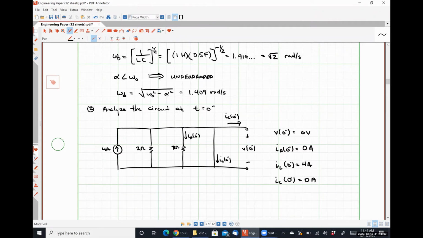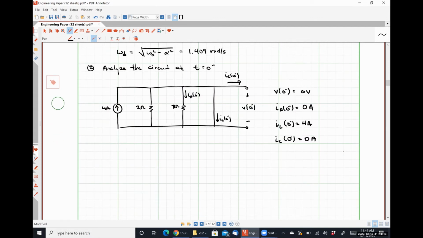They won't all be this easy, but it's going to be pretty darn close. So there's only so much variation I can throw on these guys. Now we analyze the circuit at t equals 0 plus.